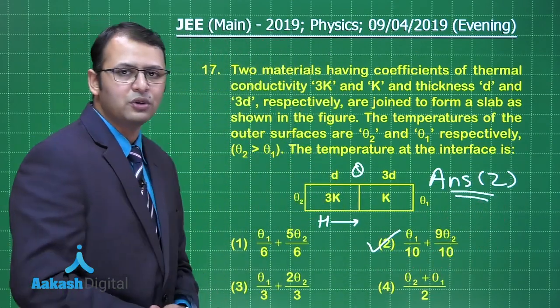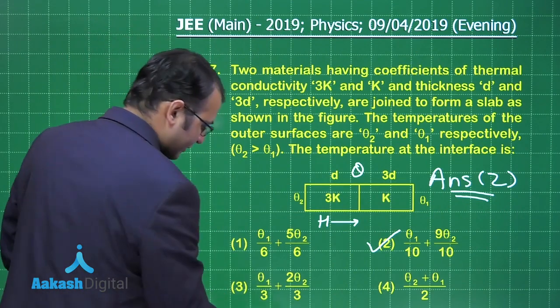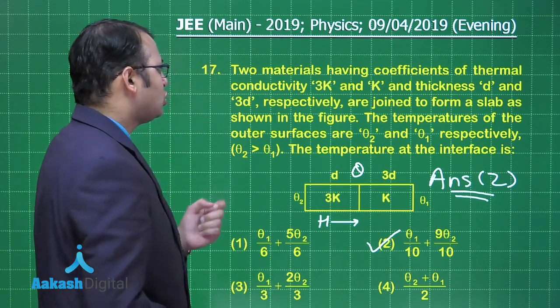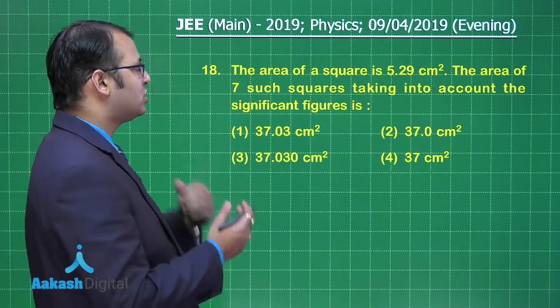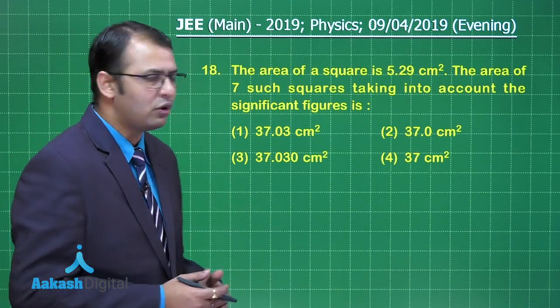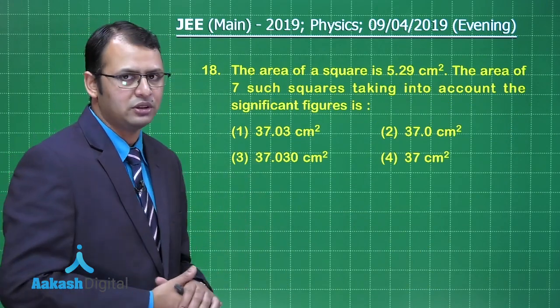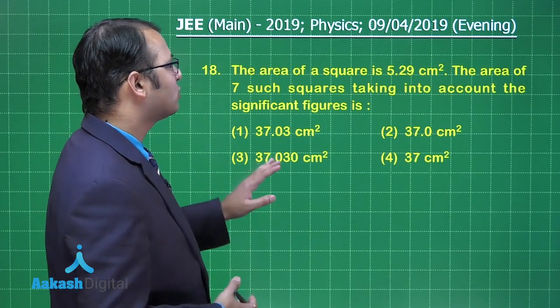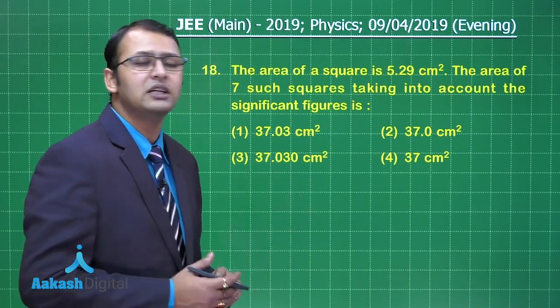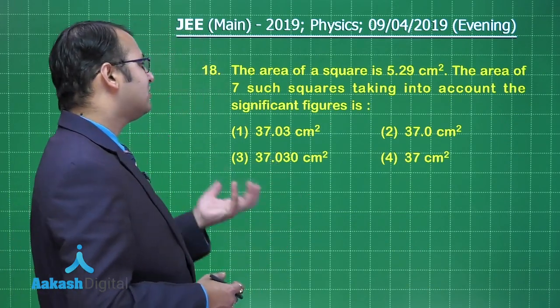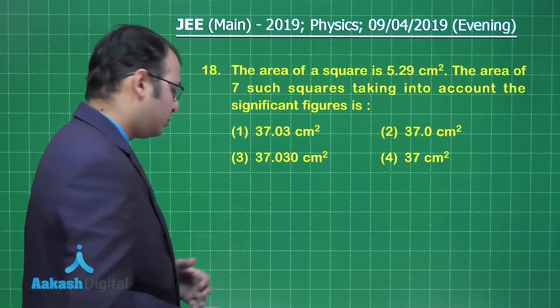Now let's move on to our next question, that is question number 18. Now the question you see here belongs to the section of mechanics from the chapter units and measurements. Here the area of a square is 5.29 centimeters square. The area of 7 such squares taking into account would be.